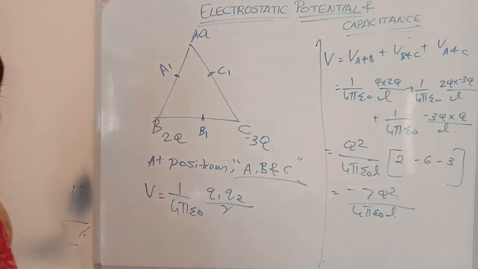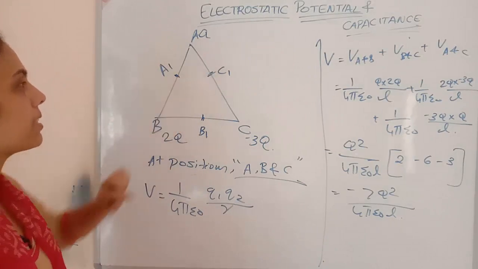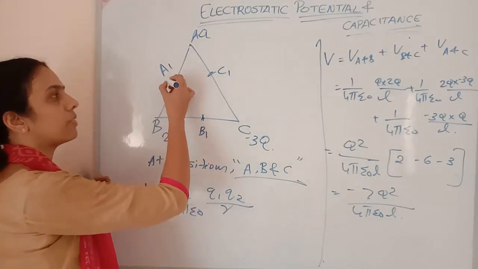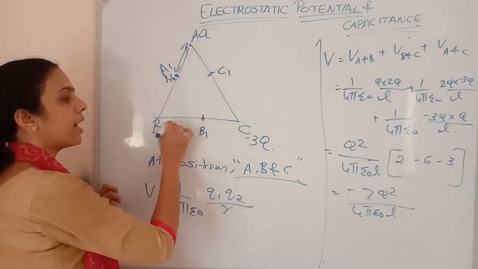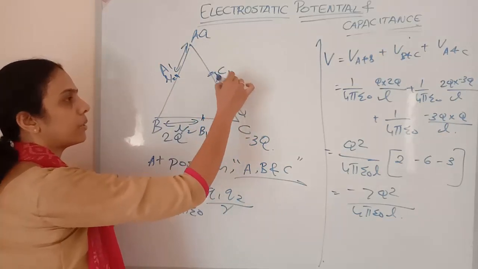Same way, if we are finding it for the positions A1, B1, C1, the charges are the same, the only difference is that instead of L it will become L by 2. This distance is L by 2, this distance is L by 2 and this distance also is L by 2.